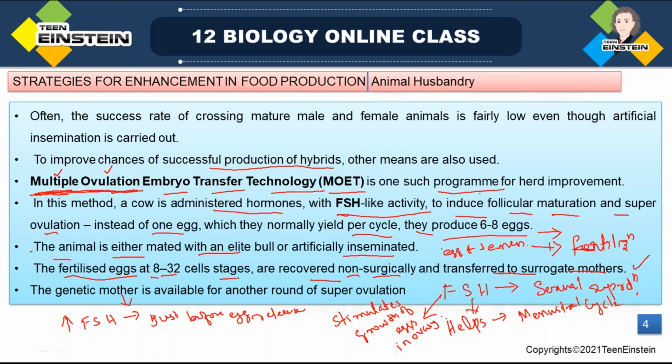Like this, the surrogate mother can receive fertilized embryos from the genetic mother. Got it? That's how we can increase production, or manage the mating problems of the animal. So that is an applied technology in animal husbandry.